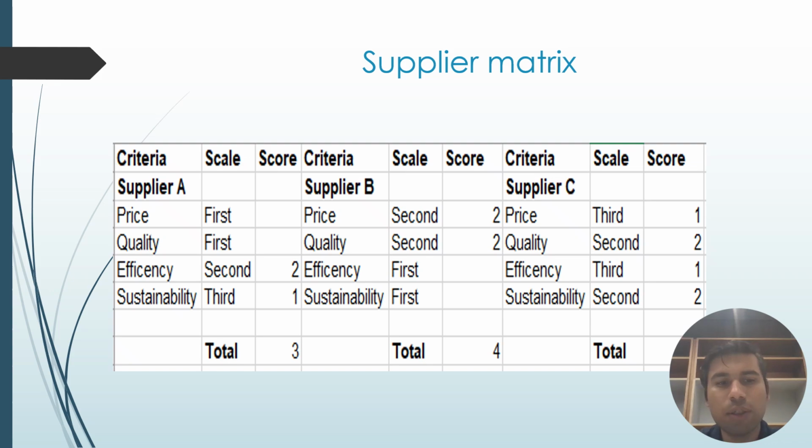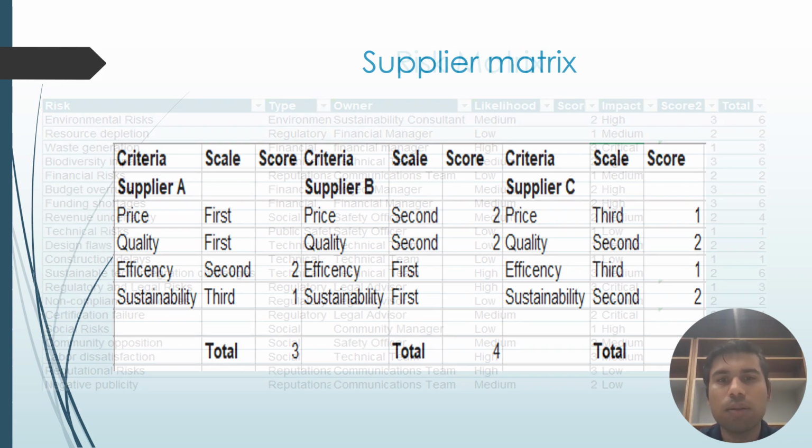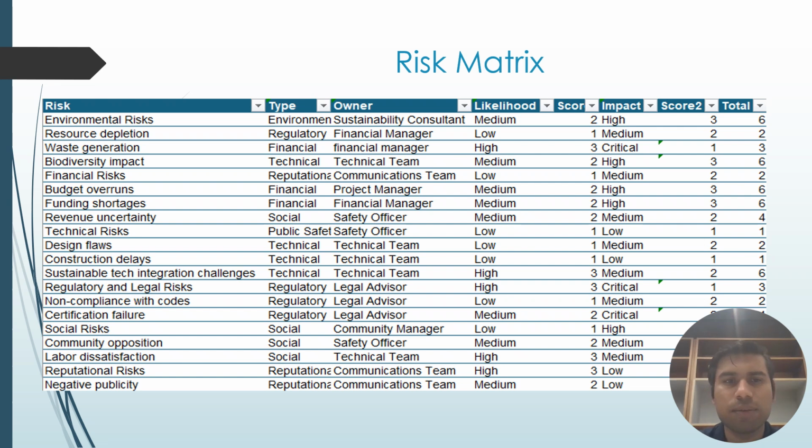Now I'm moving forward to my next slide, the risk matrix. The risk matrix table categorizes project risk into environmental, financial, technical, regulatory, and social dimensions.